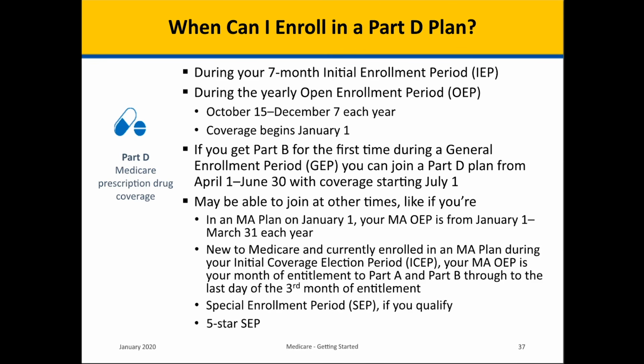Any eligible person can join, switch, or drop a Medicare drug plan at this time, in addition to having a chance to make changes to your Medicare prescription drug plan for the following year. Enrollment or changes during this open enrollment period have coverage starting January 1st of the following year. Generally, you must stay enrolled for the entire calendar year. However, in certain circumstances, you may join at other times.